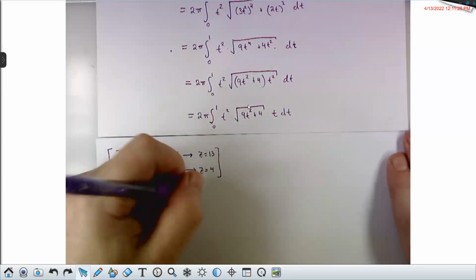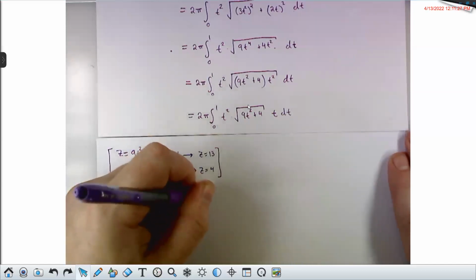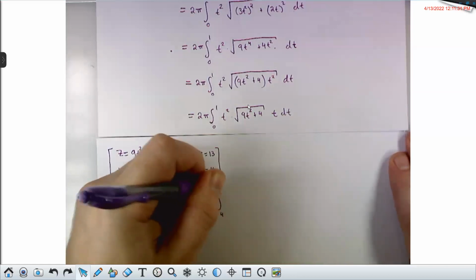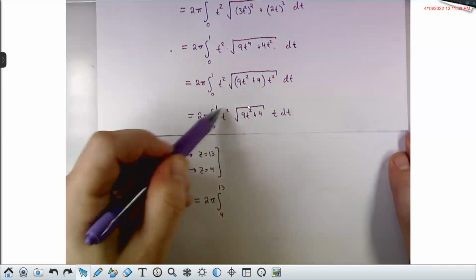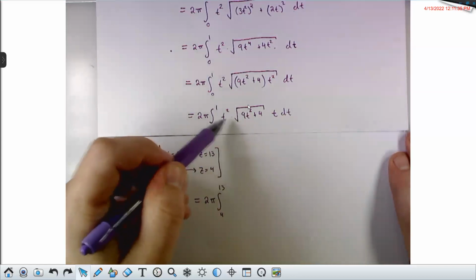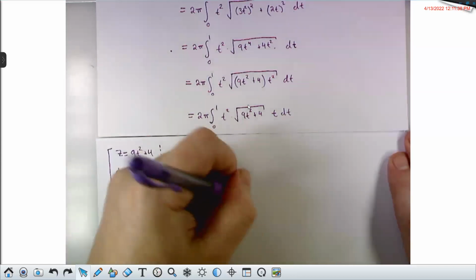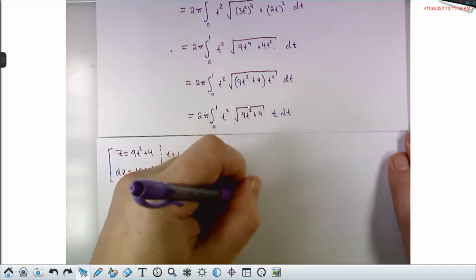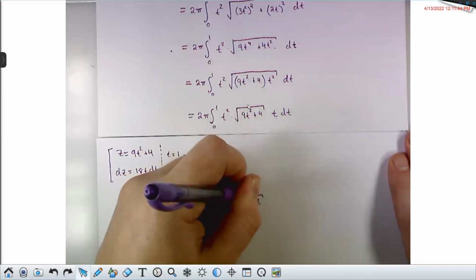So let's plug in the pieces we see right away. I've got 2 pi, integral from 4 to 13. I'm going to leave space here. So we're going to worry about the t squared in just a second. We'll take care of everything else first. The square root of 9t squared plus 4, that's the square root of z, right?